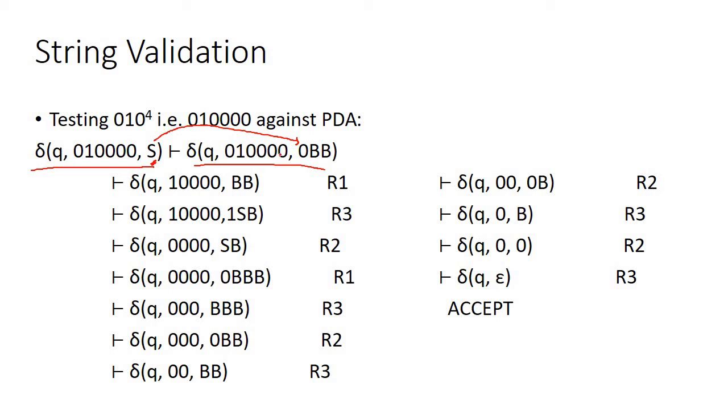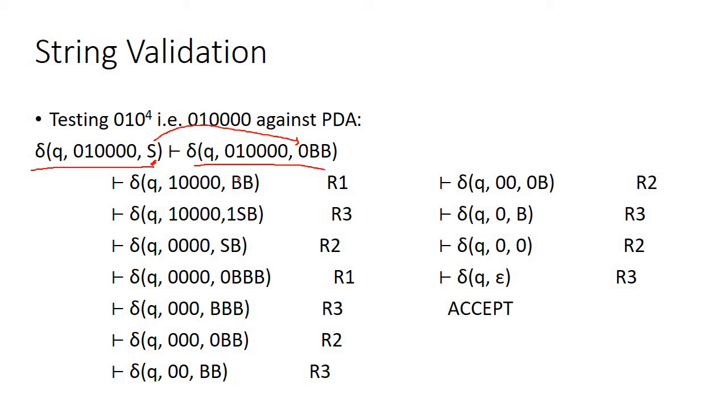If this is the first movement, we can see that we are having a terminal on the top of the stack. If we are having a terminal on the stack, we need to implement the popping out of the terminal. So we popped out the terminal 0, and this 0 has been cancelled out with the help of the popping scheme. Now we are having 1 on the top and B on the stack top.